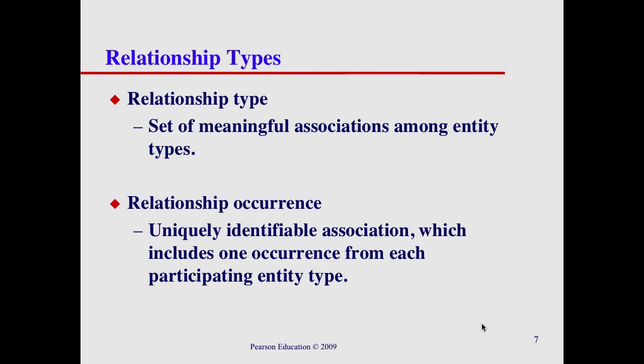Next is relationship types. They are meaningful associations among entity types, and then you can have a specific concrete occurrence. We just talked about a sale. I could have a salesperson sell a product to a customer. That is, in effect, a relationship. And a relationship occurrence might be Brad Vanderzanden sells Jim Plank a computer.